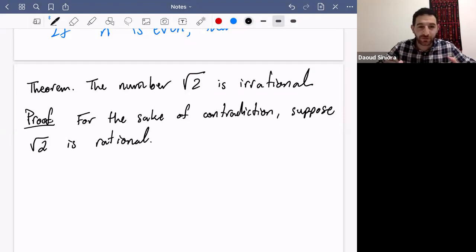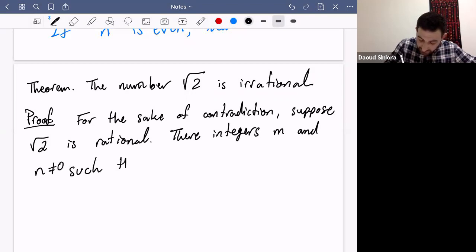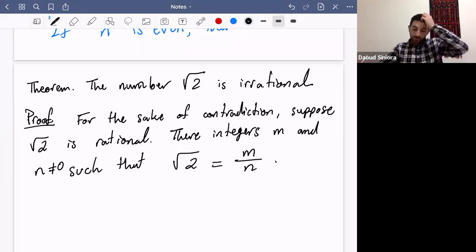What does it mean for square root of 2 to be rational? So by definition of rational, there are integers m and n, where n is not 0, such that square root of 2 is equal to the ratio m over n. Okay.